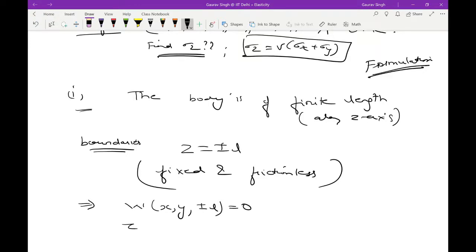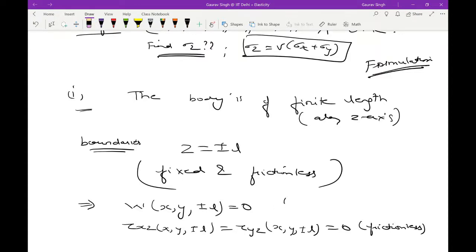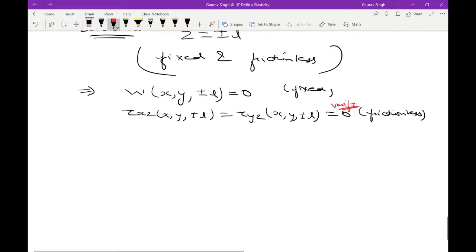And tau xz at x comma y plus minus L is equal to tau yz at x comma y plus minus L, is equal to 0 because it is frictionless. So it is fixed and it is frictionless. Please think very carefully about these two situations.